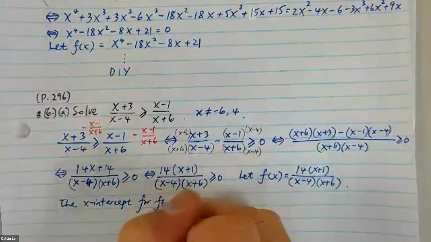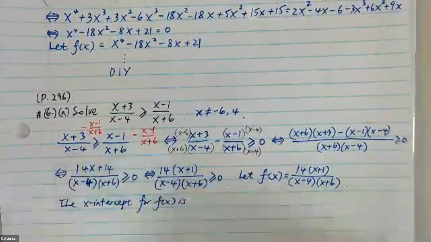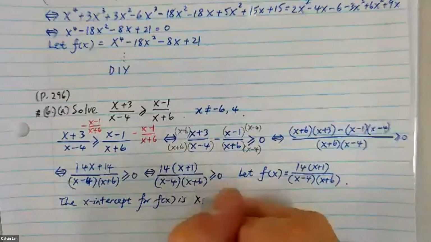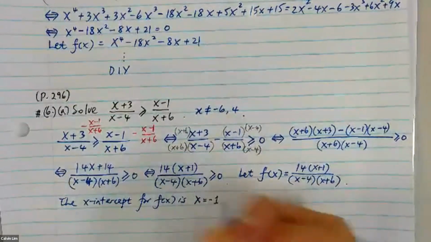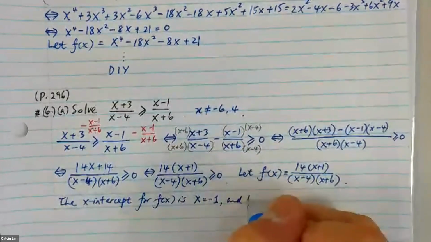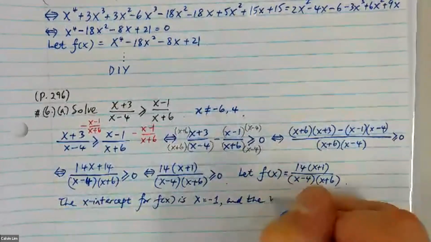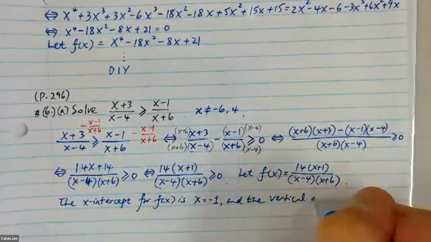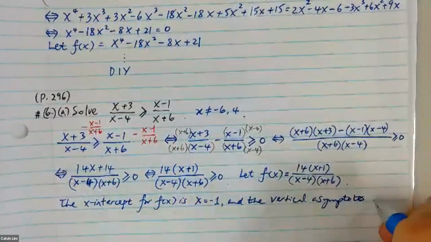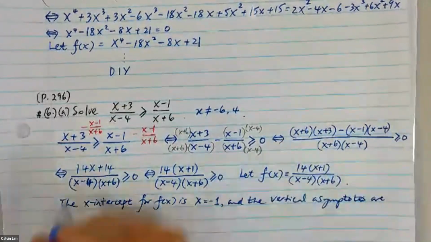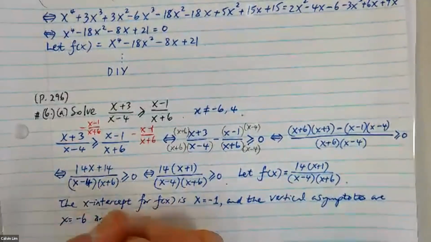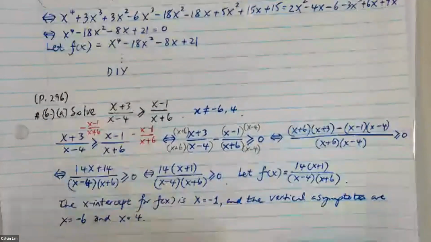How many x-intercepts are there? One, x equals -1. And the vertical asymptotes, two of them, are x equals -6 and x equals 4.